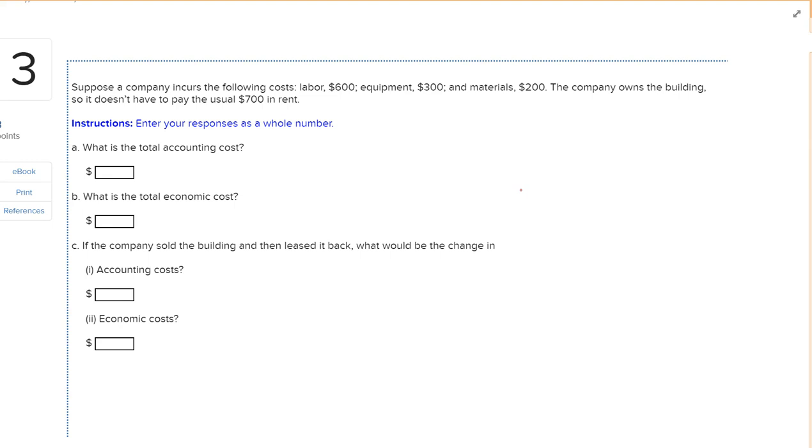Accounting costs are those costs that you would literally take to your accountant at the end of the year and show them receipts for, and they are what we call explicit costs. So we can see that labor would be an explicit cost, and equipment, definitely we'd have explicit costs, and materials that we purchase. So our total accounting costs, these explicit costs, are going to be $1,100.